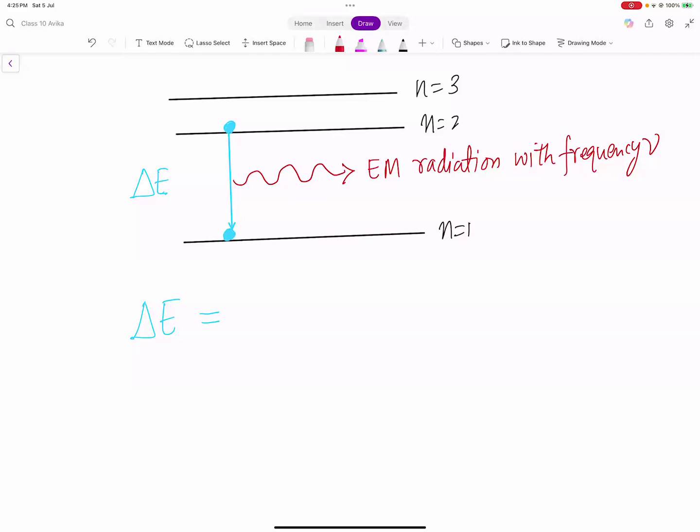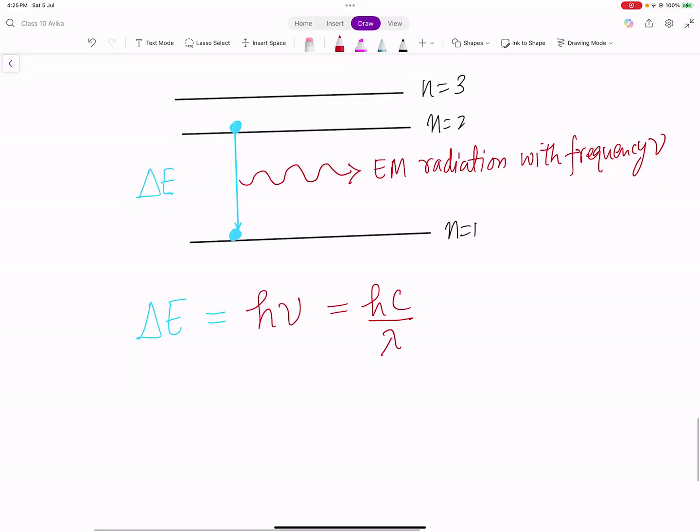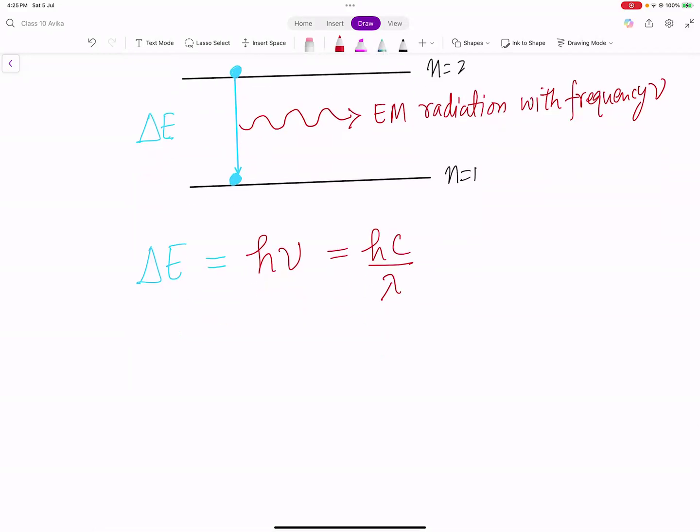You go to a hotel, you spend the money, it has disappeared from your pocket, but it will appear in the pocket of the hotel guy. So the same energy has appeared in the form of light. We can also write it as hc by lambda. After certain rearrangement, I can write lambda is equal to hc by delta E, right?